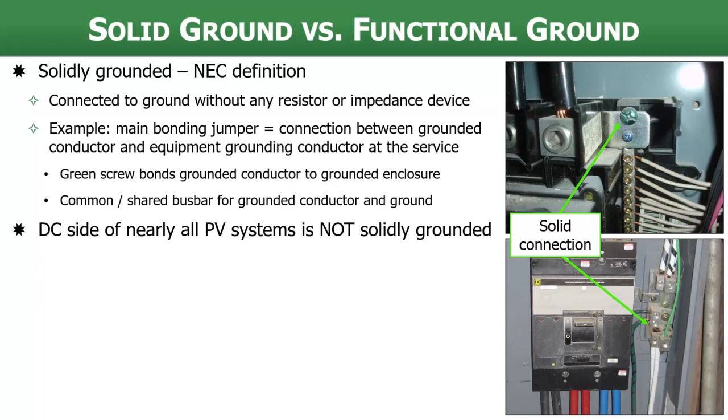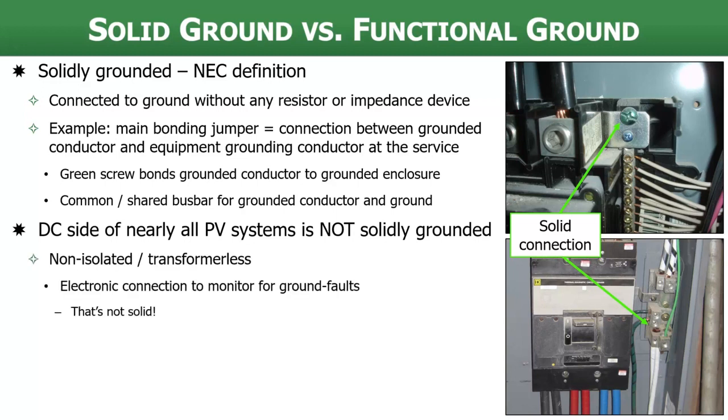One thing to keep in mind, the DC side of pretty much every PV system you're going to encounter is not considered solidly grounded, does not have a solid connection to ground. Non-isolated and transformerless type inverters have an electronic connection, part of their internal circuitry, that monitors for ground faults, and that's definitely not solid.